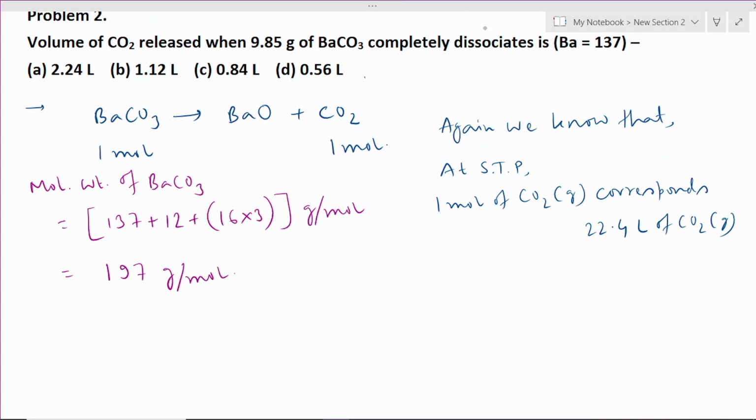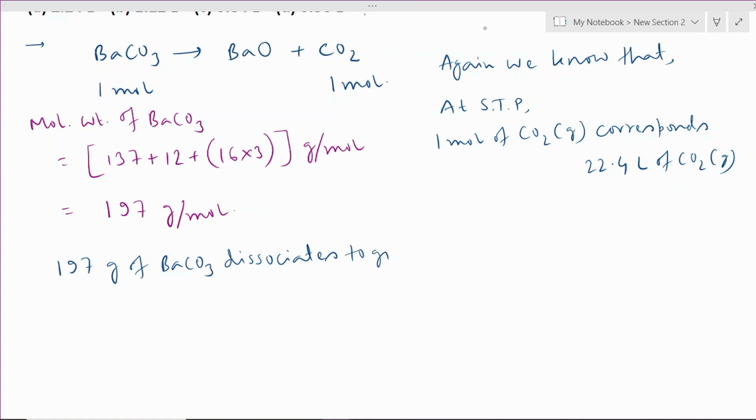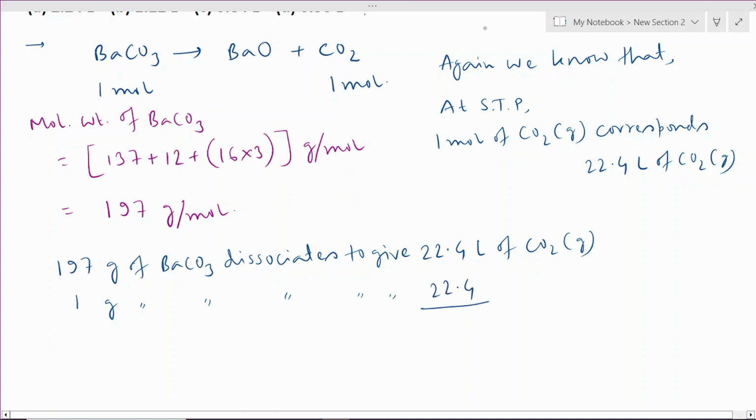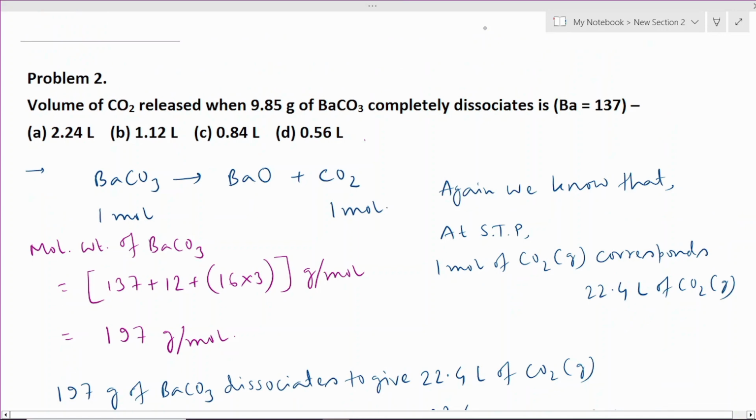So from that reaction, we can say that 197 gram of barium carbonate dissociates to give 22.4 liter of carbon dioxide gas. So 1 gram of barium carbonate dissociates to give 22.4 upon 197 liter of carbon dioxide gas. So here the weight of barium carbonate given is 9.85 gram.